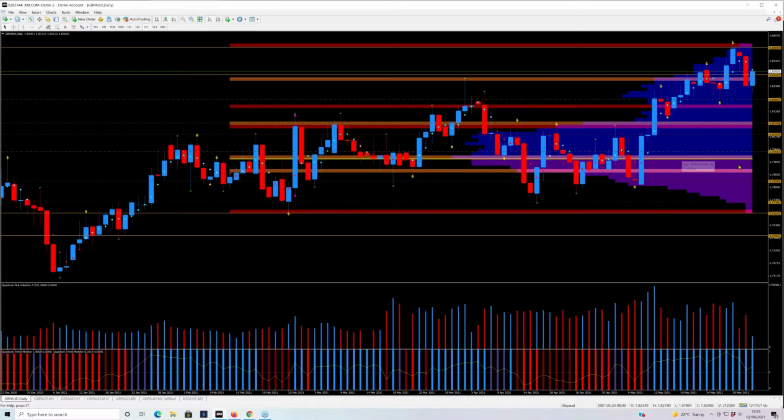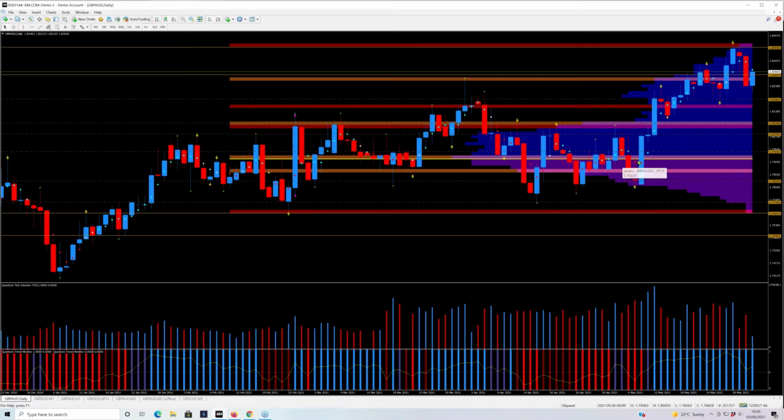Now, what's interesting about the pound Aussie is we can see here, it has been in a trend since it moved away from this range bound phase of price action around the volume point of control. You can see here, when it actually broke away, the volume quite strongly rising, which is what we want to see.